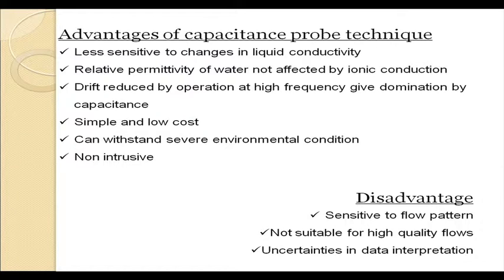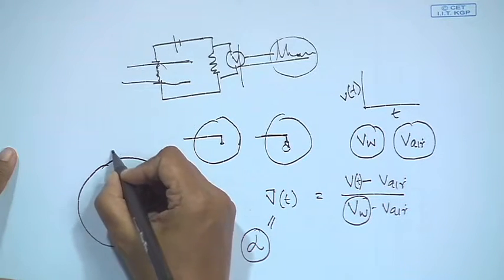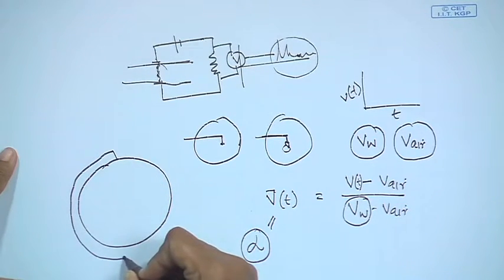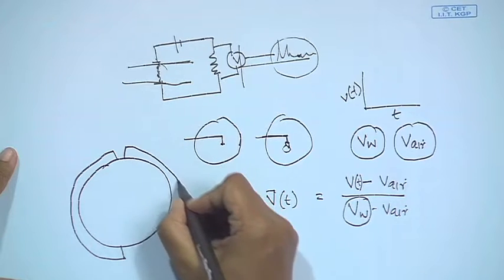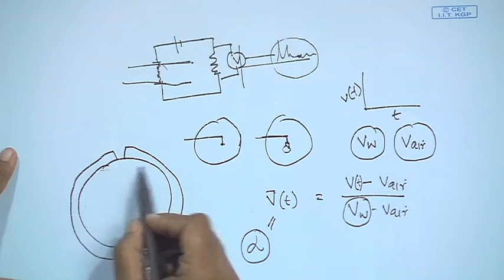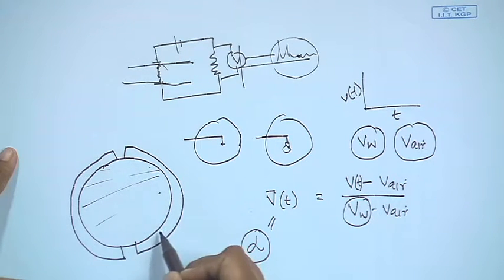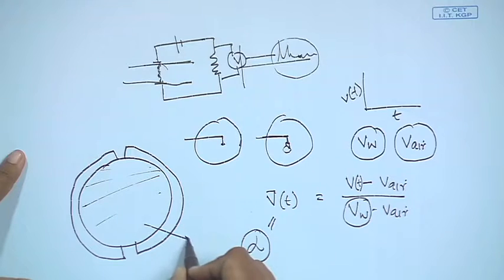What they use is a modified version of the arc electrode probe. What the arc electrode probe does is that it has two electrodes which are flush mounted with the wall of the conduit, and by means of electrical lines of force between the two arcs, it measures the effective conductivity of the two phase mixture.